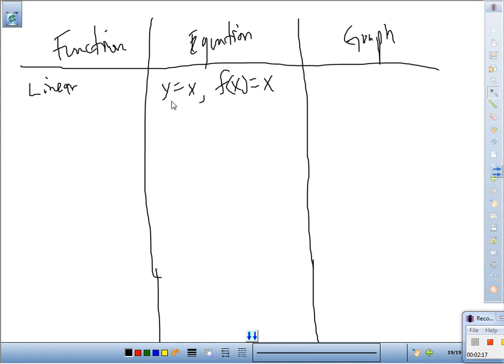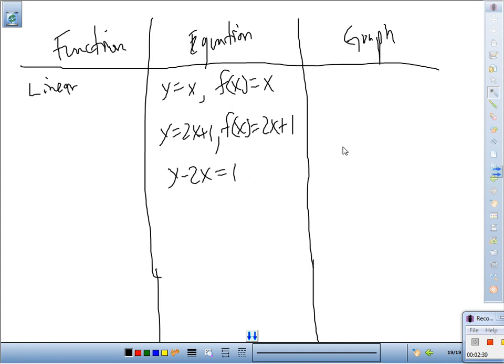What's another presentation? y equals 2x plus 1. What's another way of writing that? f of x equals 2x plus 1. What's another way of writing this one that doesn't look so organized? Oh, y minus 2x equals 1. What's the only difference? This one's already solved for y, this one is not.